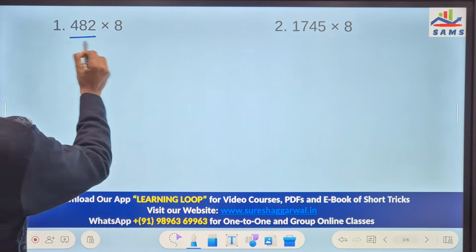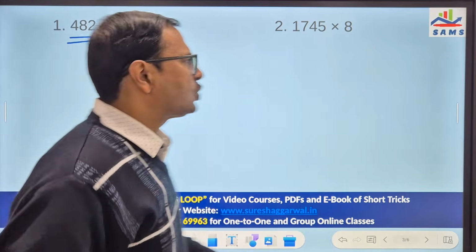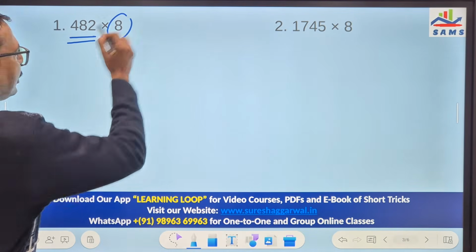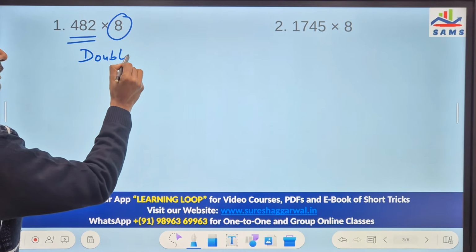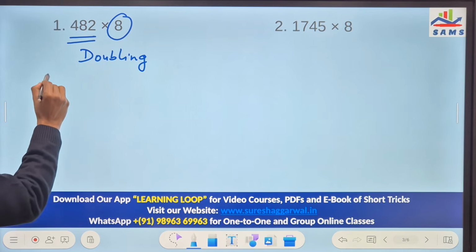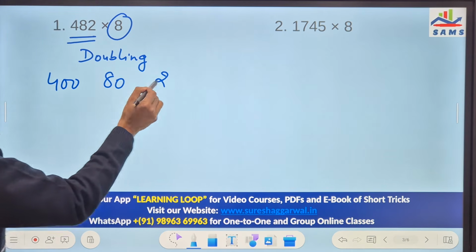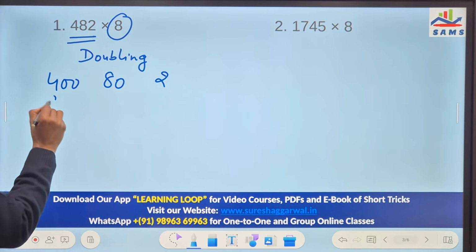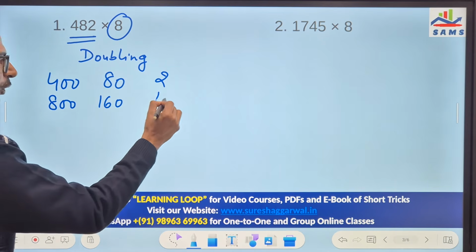Here you can see 482 and we have to multiply it by 8. So if you don't know the 8 times table, no worries, you should know how the concept of doubling works here. See, 482 is 400, 80 and 2. So let's double first time: 800, 160 and 4.